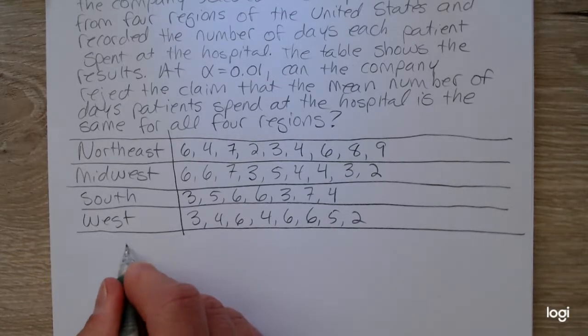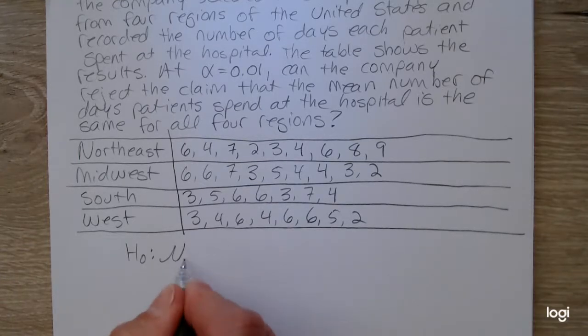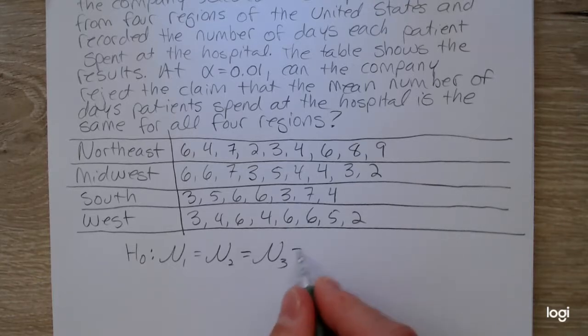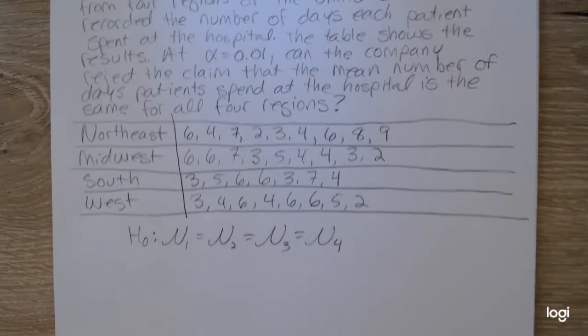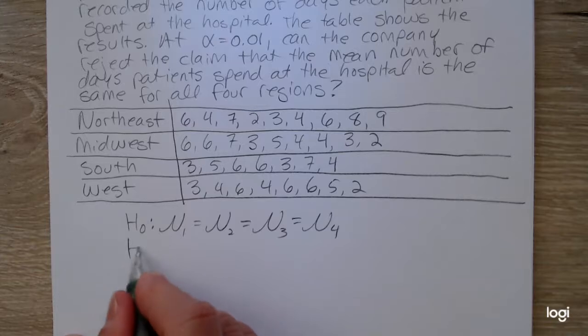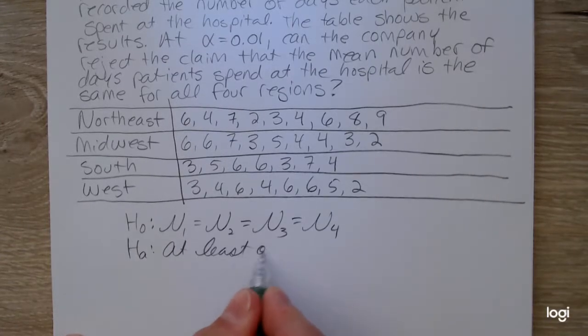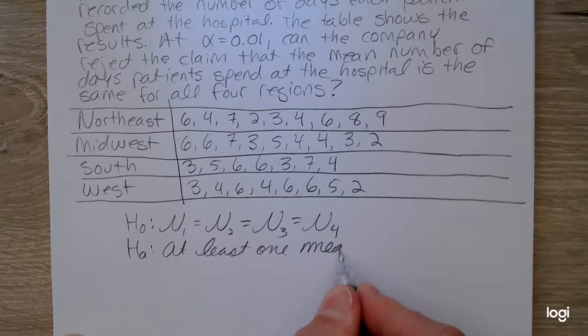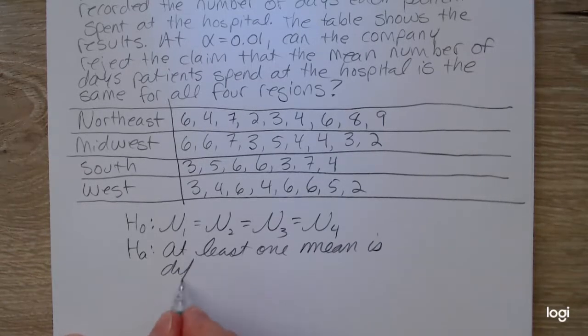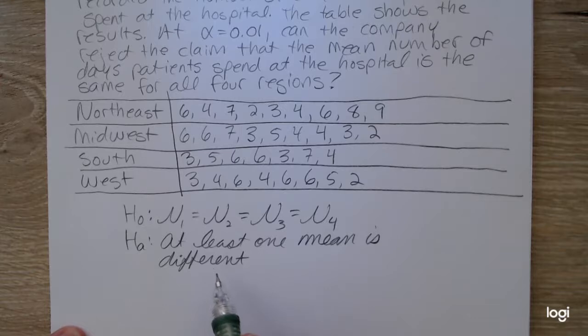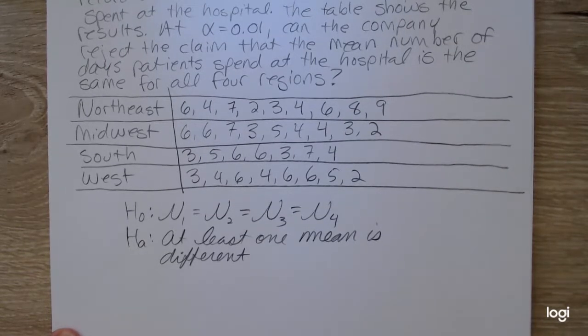So the null statement will be mu sub 1 equal to mu sub 2 equal to mu sub 3 equal to mu sub 4. And the alternative is the statement at least one mean is different. Okay, so the statement is not that all of them are different. The statement is that at least one of those means is different.